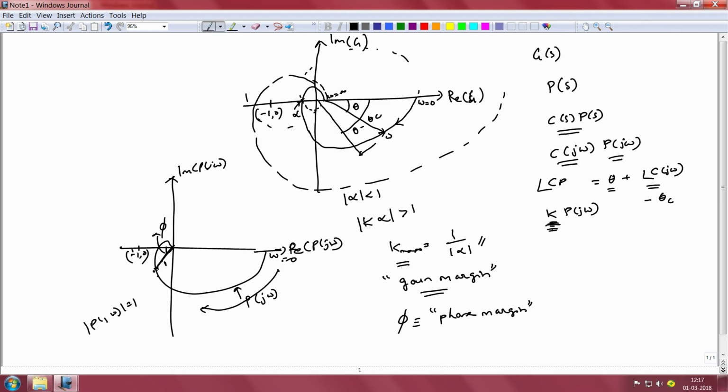But such a modest increase in gain in that frequency range may or may not allow us to meet our performance requirements, namely of rejecting disturbances, achieving robustness to plant parameter variations and so on and so forth.